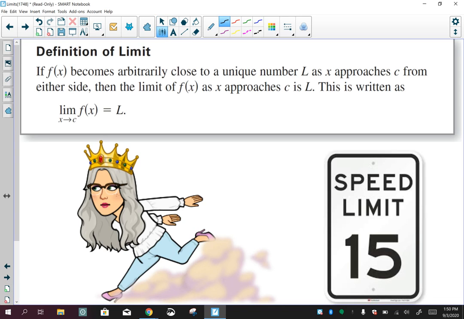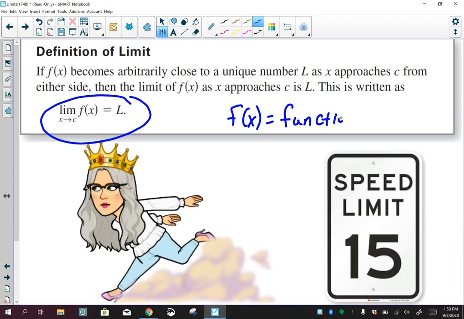Now, you're probably thinking, I have no idea what you just said. So let me talk about this. If we're looking at this piece here, we have the limit of f of x. Everybody knows f of x is your function. So remember, f of x is going to equal your function.